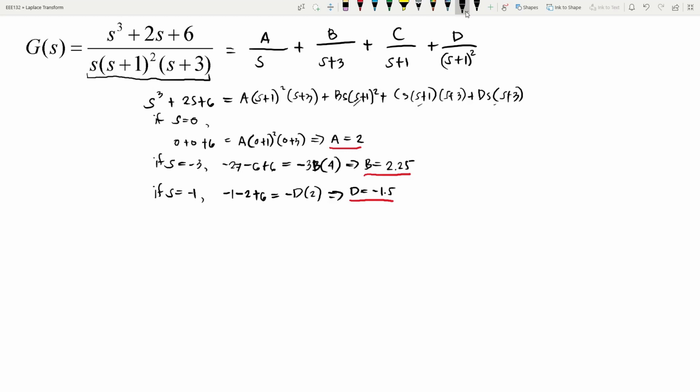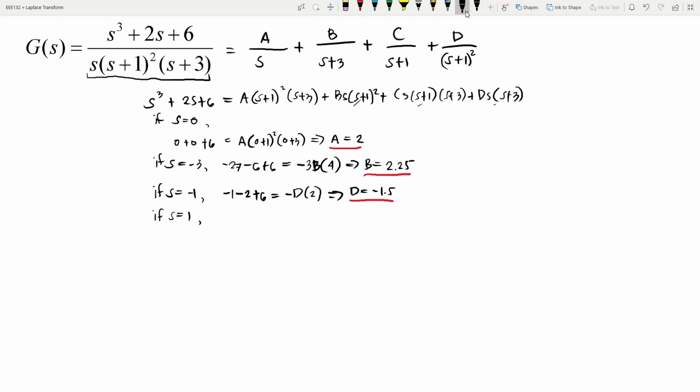Now last, to solve for c, let s be equal to 1. So the terms a, b, c, and d will not be cancelled, but we already have the values for a, b, and d. We can plug in the values for a, b, and d.